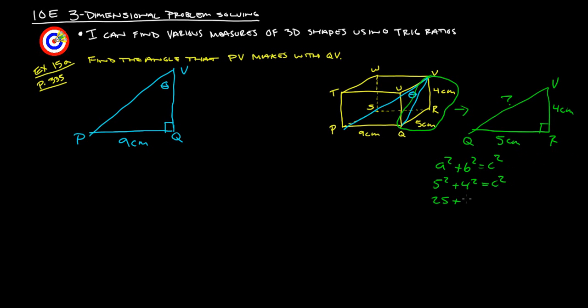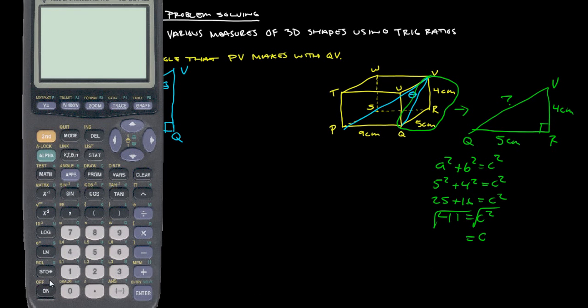So we get 25 plus 16. Add those together and we get 41. Square root both sides here and we get that C is the square root of 41, which is 6.40.